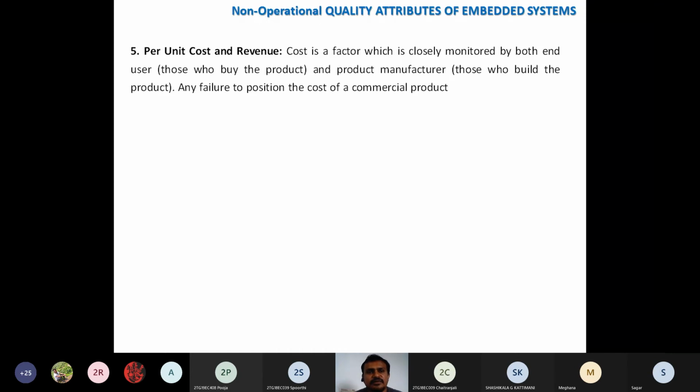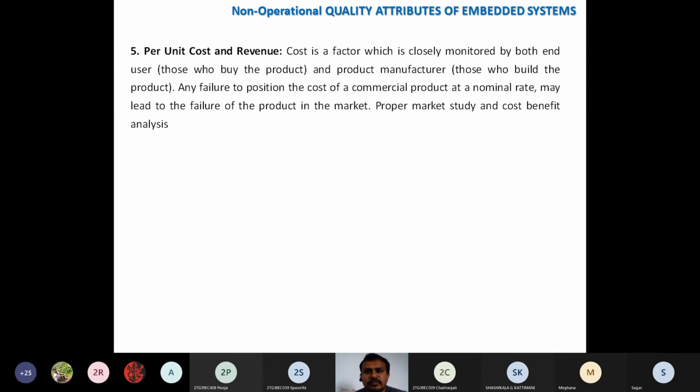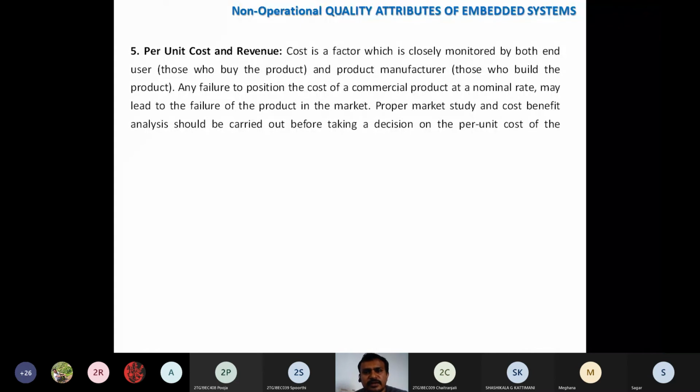So here is the fifth non-operational quality attribute: per unit cost and revenue. Cost is a factor which is closely monitored by both end users, those who are buying, and those who are manufacturing.